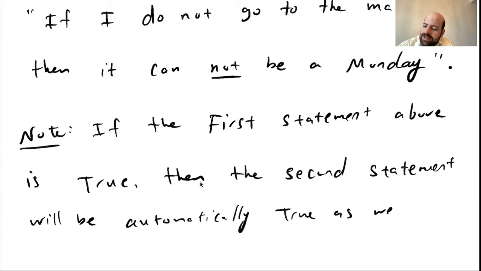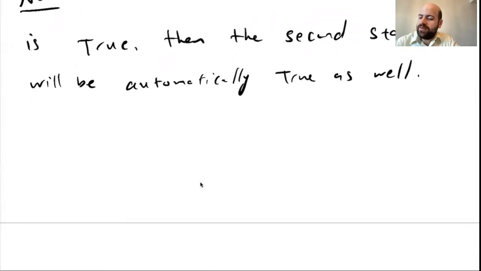So this suggests that the contrapositive of a statement and the original statement must be logically equivalent. This example suggests this, but let's verify it with a truth table. The easiest way to verify whether two statements are logically equivalent or not is using a truth table. So let's verify this with a truth table.